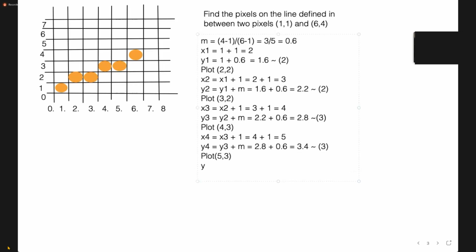Now x5. x5 equals x4 plus 1, incrementing in the x direction.